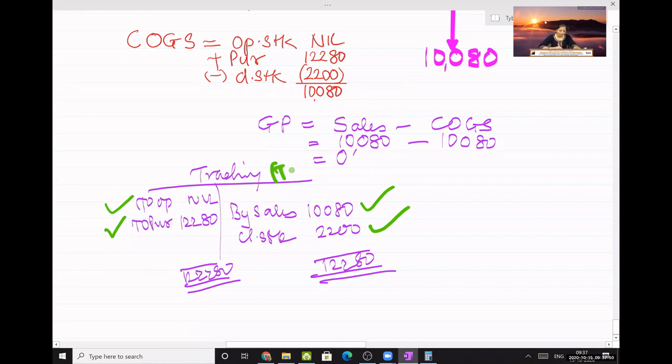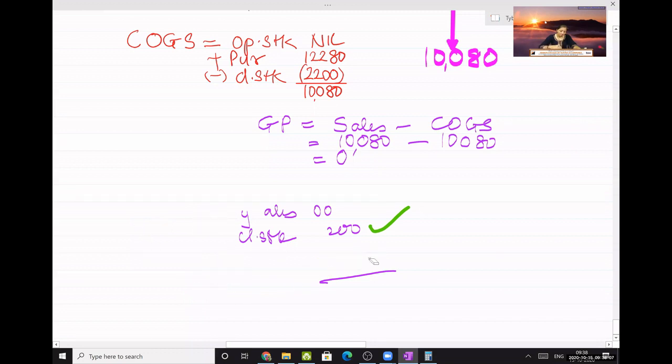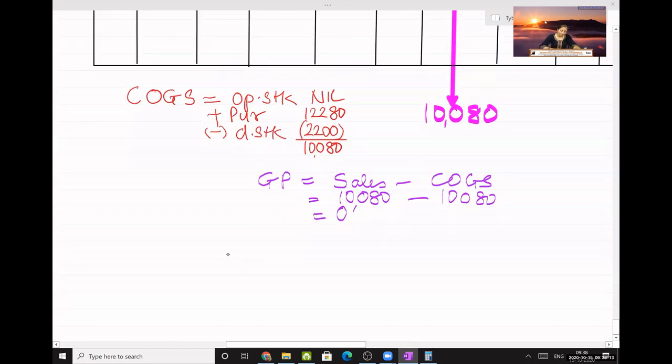So that ledger tallies. That is no GP, 0. So my answer is correct. Clear? Is this clear?